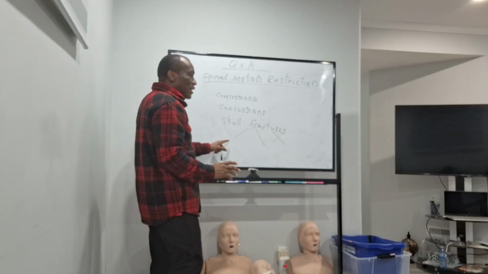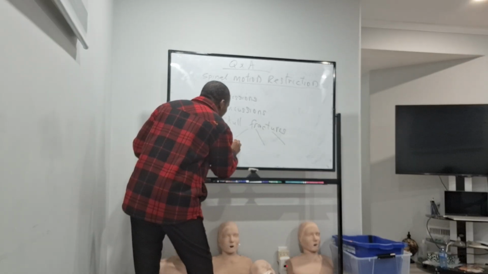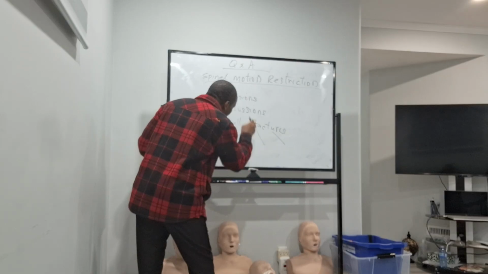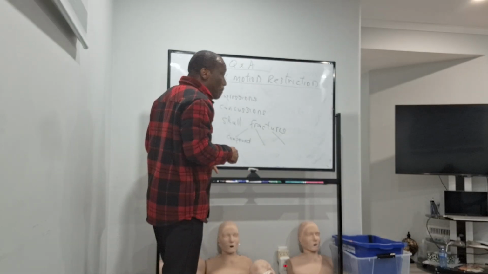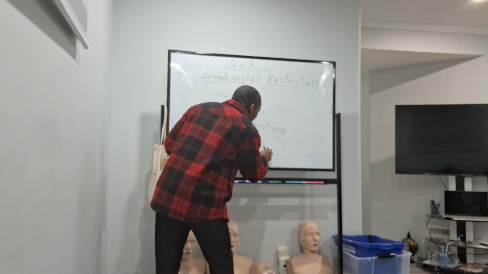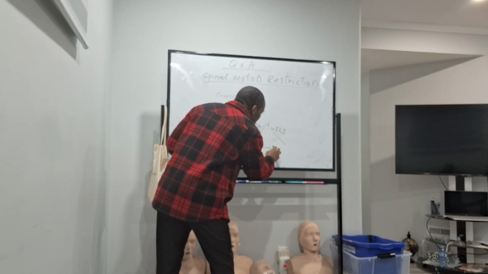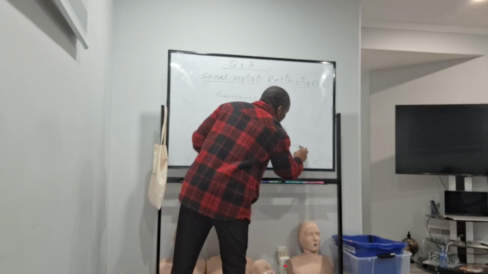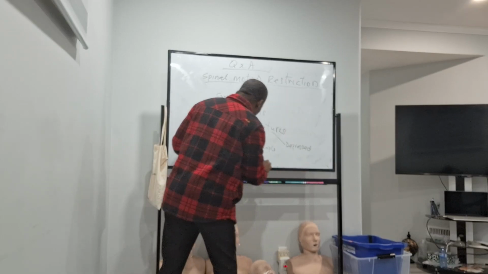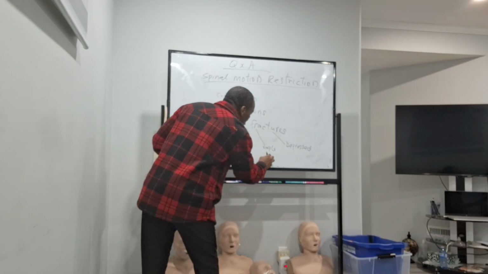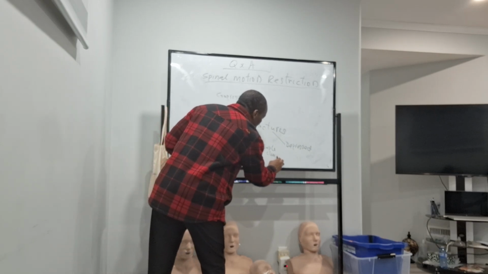So the 3 types of fracture, you have compound fracture, simple fracture, and depressed fracture. Compound is also called open fracture. Simple is called closed fracture.